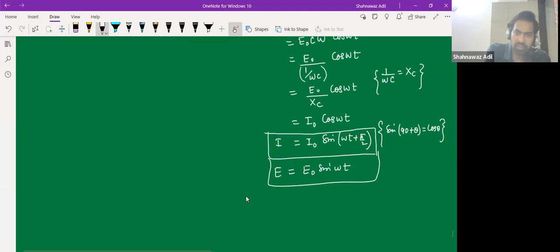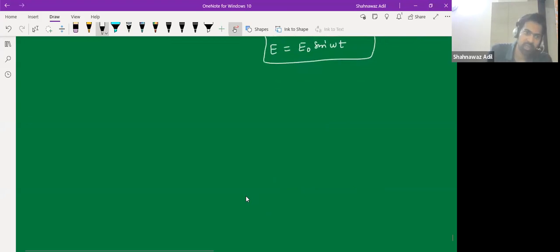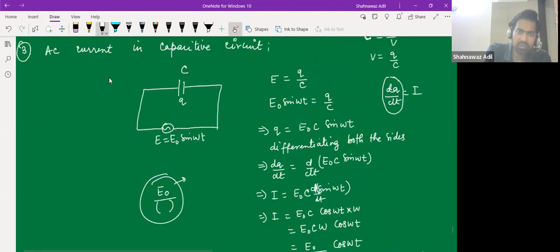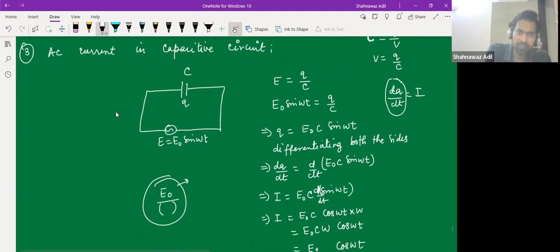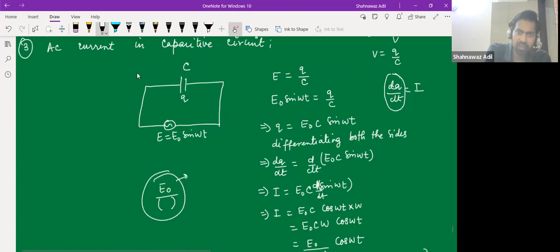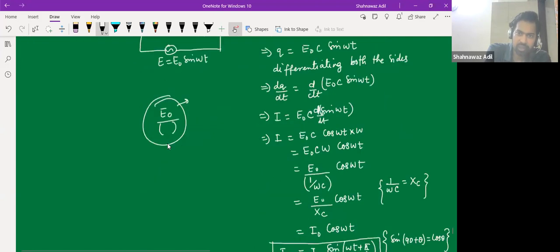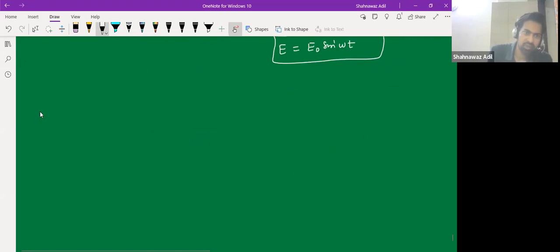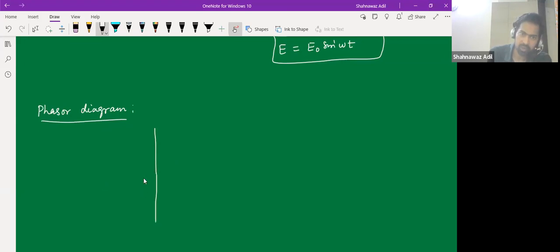So now we will draw the phasor diagram, right? Aisha, in the previous class, did you note down this part? Yes, sir. Then we'll do this phasor diagram. First we make the phasor diagram of the supplied EMF.